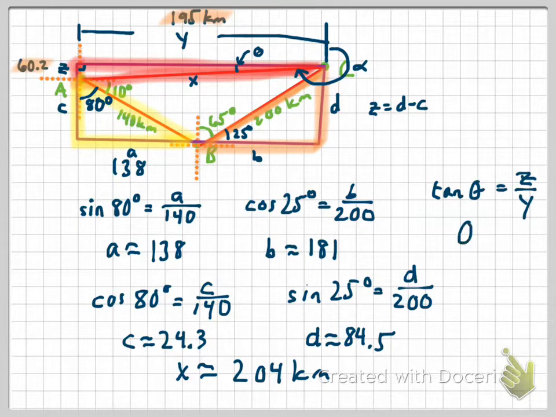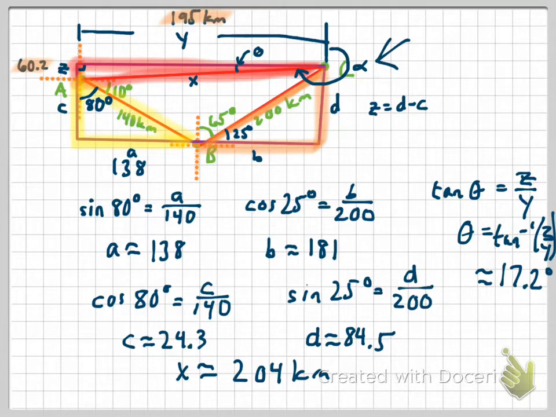And so then theta is the tangent inverse of z over y. And that is approximately 17.2 degrees.